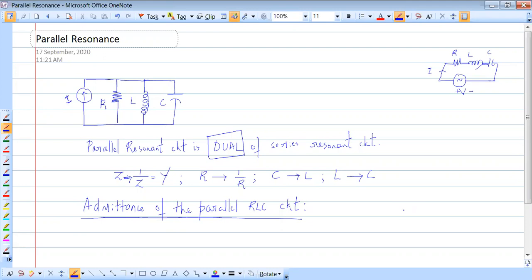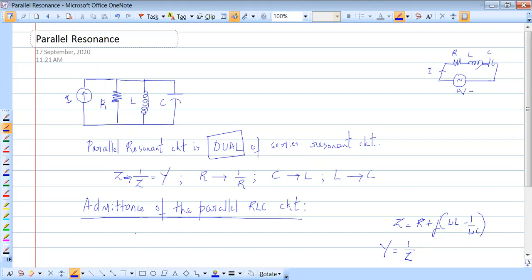So Z is given by R plus j omega L minus 1 by omega C. So this is Z. What is Y? Y is 1 by Z. The admittance Y is 1 by Z. Understand that? So if it is 1 by Z, what is it going to look like? It would become 1 by R. Okay. So this is how it is going to be.